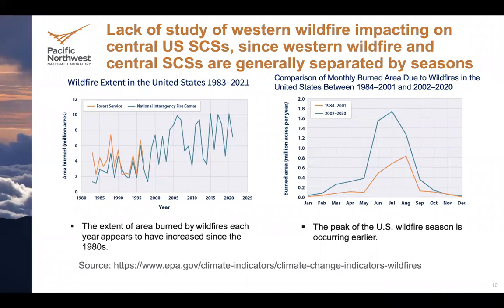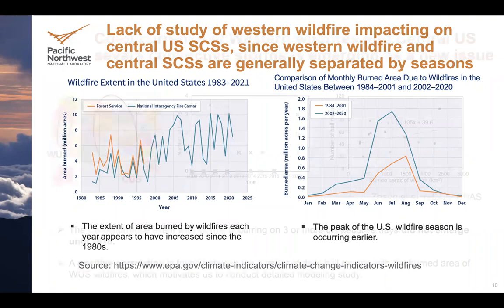But in recent years, as we found here, the wildfire intensity is increasing, and the peak season is occurring much earlier. So that's why we're trying to link these two systems together to see if there's any possibility of impacts on each other.